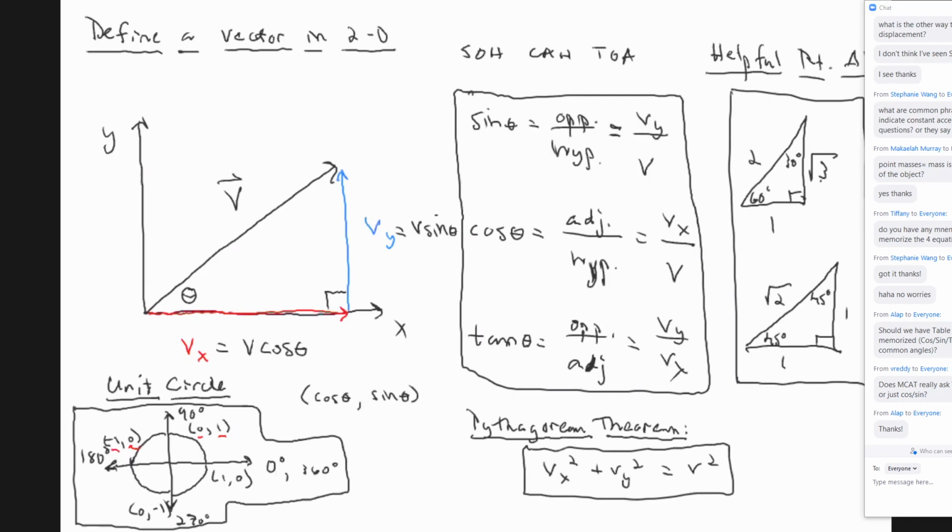That's what tangent is used for. So most of the time, the MCAT isn't asking you the direction of that vector. They only usually ask you the magnitude of that vector, because you're not given a calculator to do that.